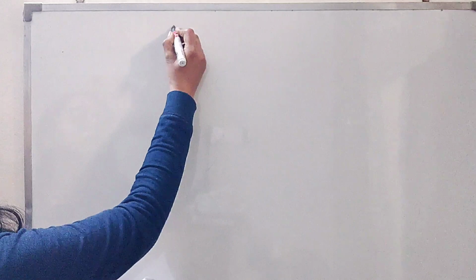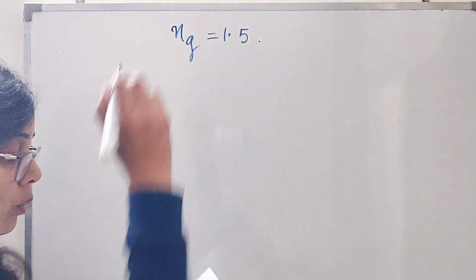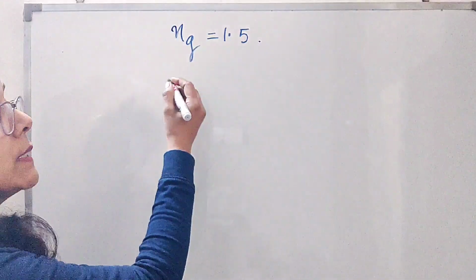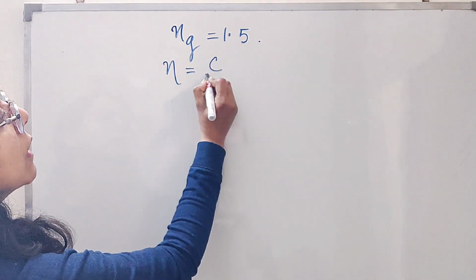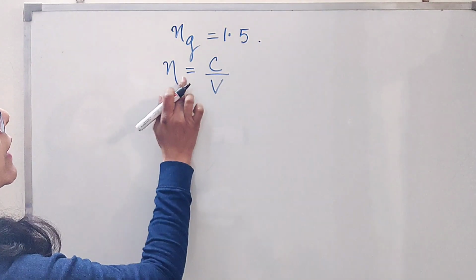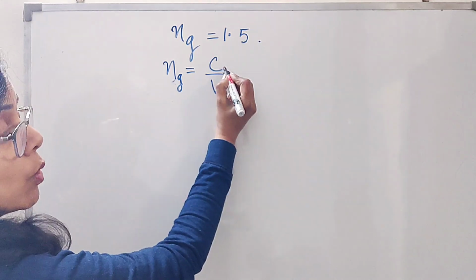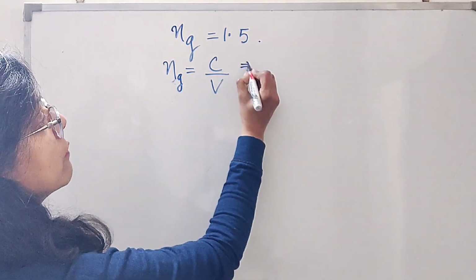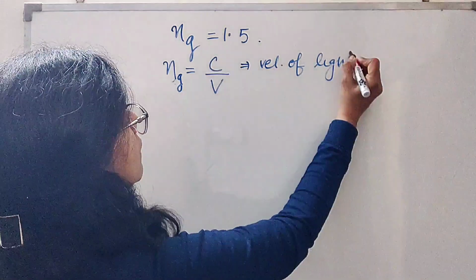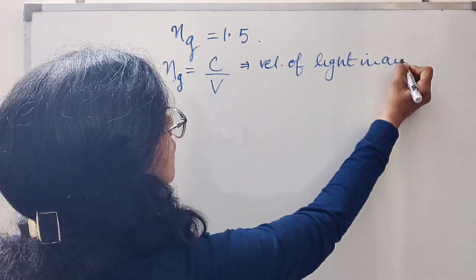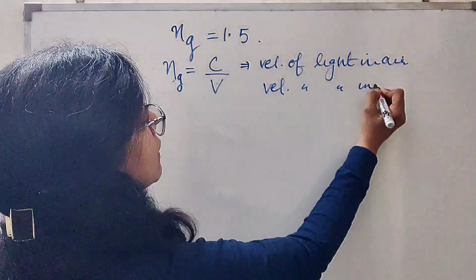What is given to us is that the refractive index of glass is 1.5. We know that refractive index is equal to C upon V. This is the refractive index, and here we are taking the refractive index of glass. C is the velocity of light in air, and Vg is the velocity of light in glass.